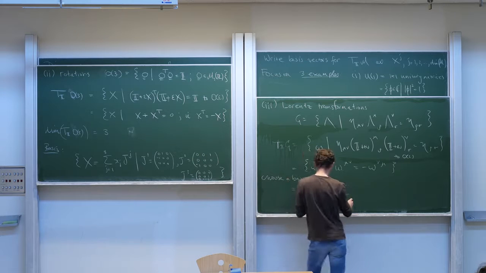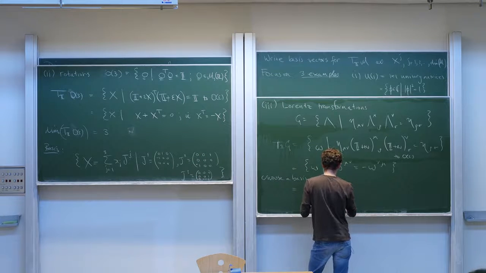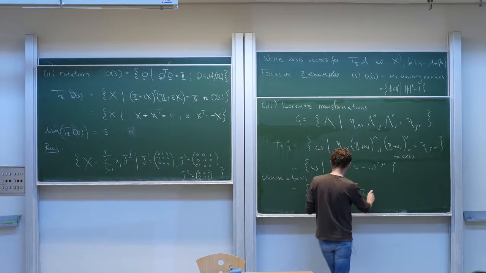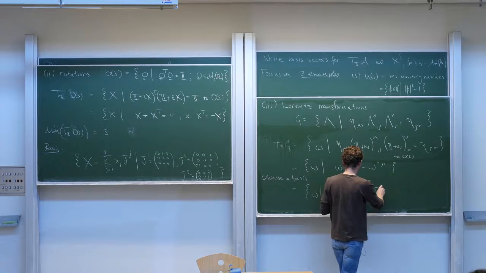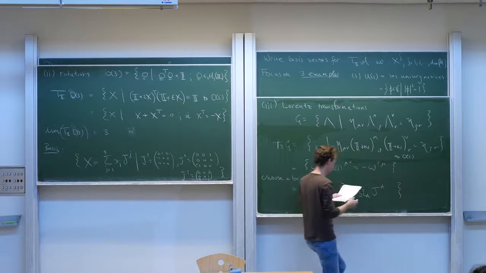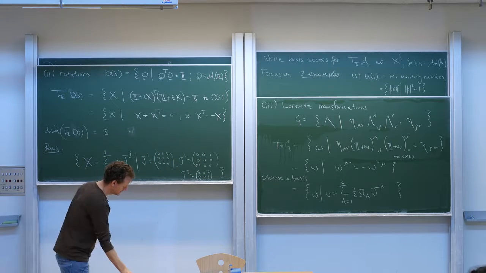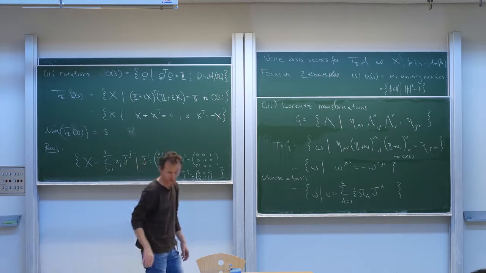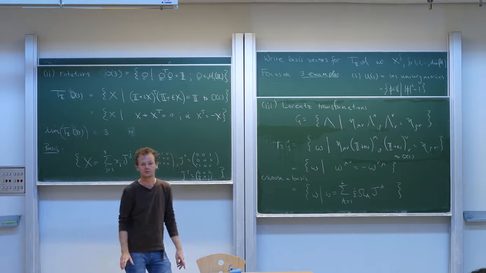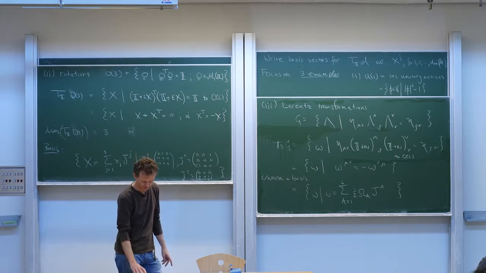So we know that we can express any one of these as a linear combination of some basis matrices J_A. And I'm going to write out a very particular basis that we use quite often when talking about Lorentz transformations.